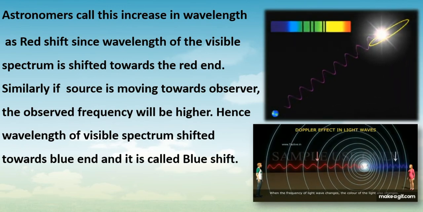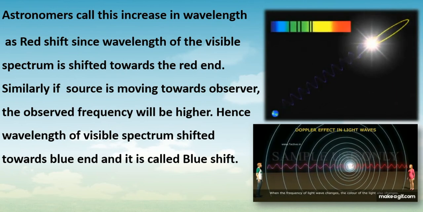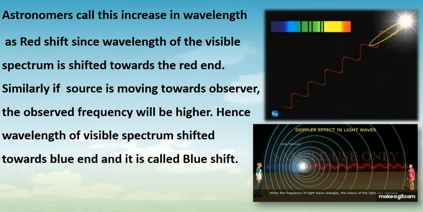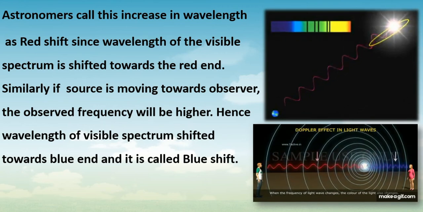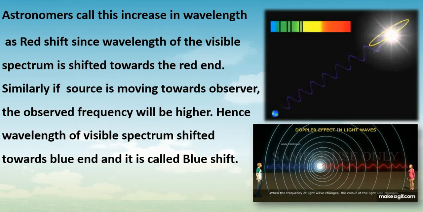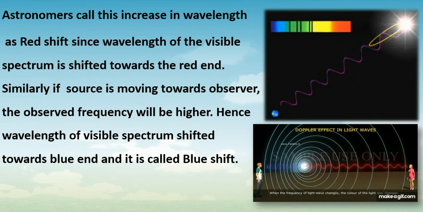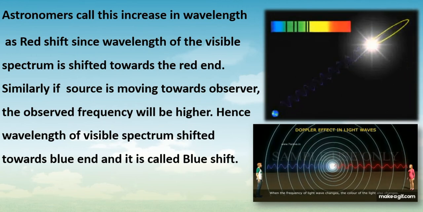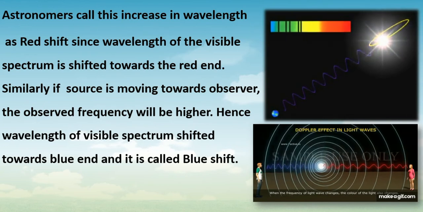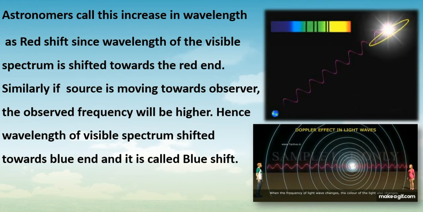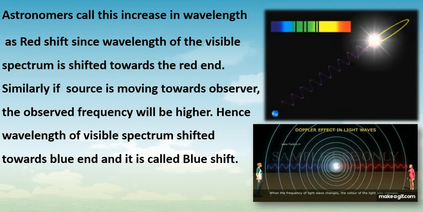The visible spectrum contains 7 colors, which is a range of frequencies that humans can identify, within the electromagnetic wave. So if there is an increase in wavelength, the astronomers called it a redshift, because the wavelength of the visible spectrum shifts towards the red end.